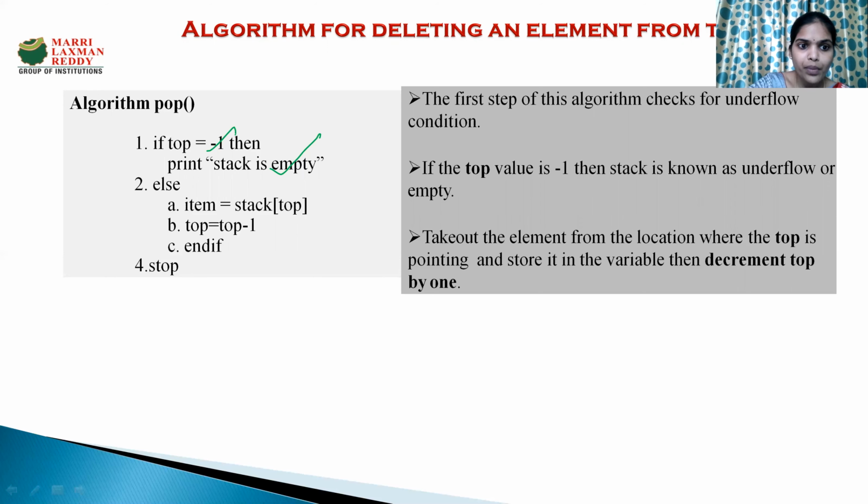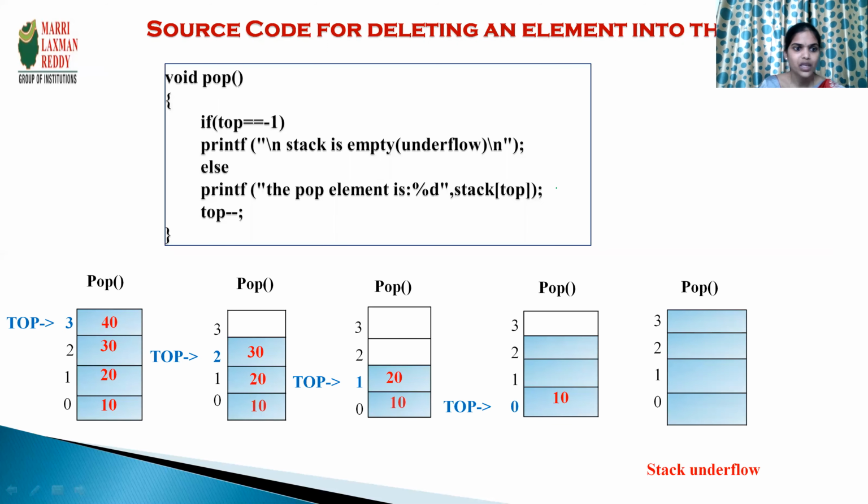Here I'm popping out the item, and the top is decremented. First we check whether the stack is empty or not. When the stack is empty, top is pointing to -1. When I'm popping out an element, the top will always be decremented.